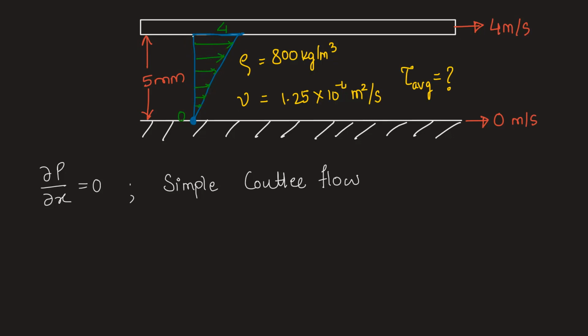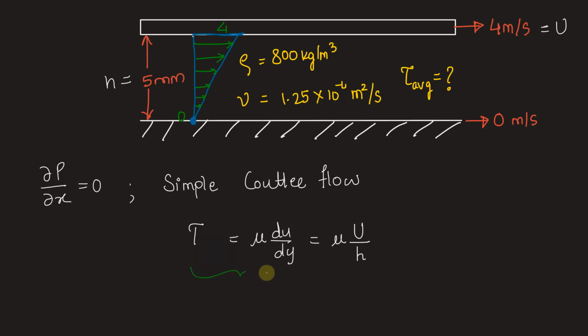Hence we can write Newton's law of viscosity as tau equal to, in general, mu du by dy, but since the velocity profile is linear, we have du by dy to be u by h, where h is the separation between the plates and u is the velocity of the top plate.